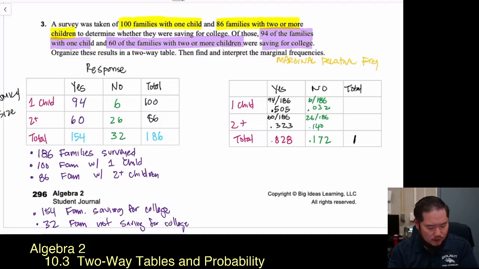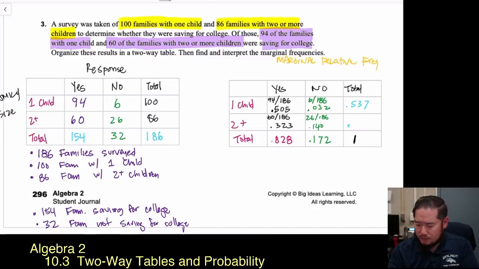We can get our total by adding the two numbers in the columns together for the yes and no for 1 child, so 0.505 plus 0.032, and that gets us 0.537.